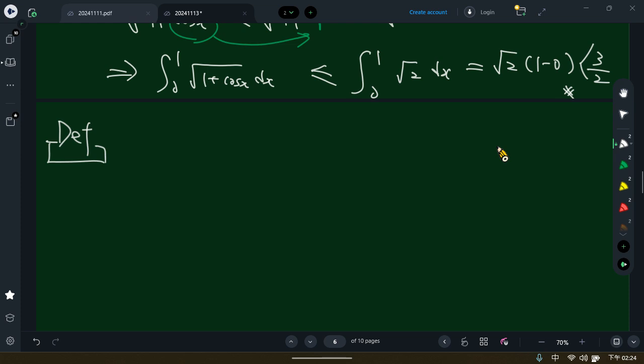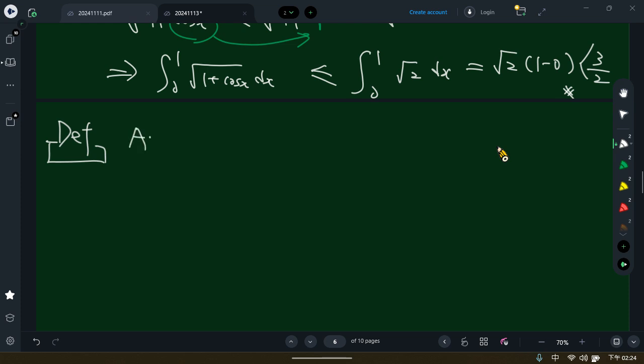But if the function is not always positive, that means the function is sometimes positive, sometimes negative in its domain, then the final result, I mean calculating the area in some interval, or trying to get its definite integral, actually they are totally different.